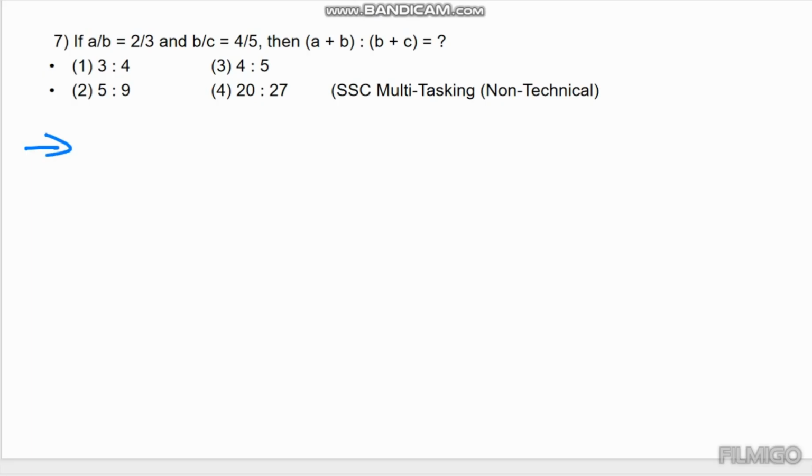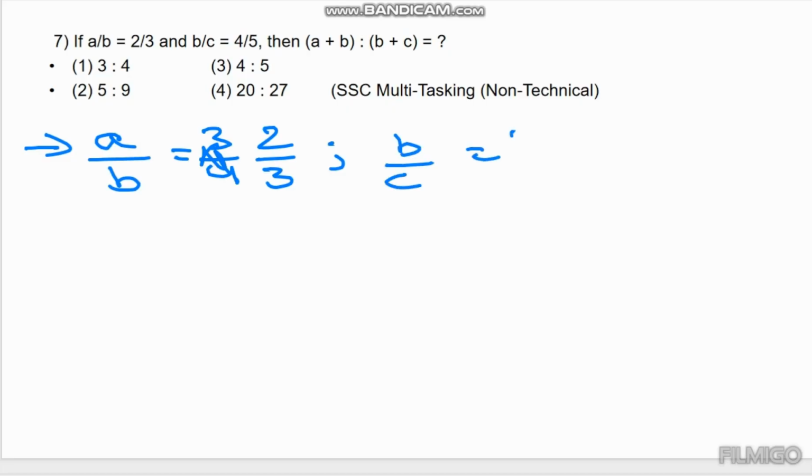Listen guys, these are another kind of questions which was asked in previous SSC multitasking non-technical exam. Here A by B equal to 2 by 3, B by C equal to 4 by 5.